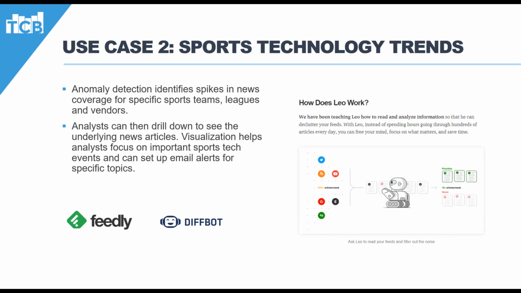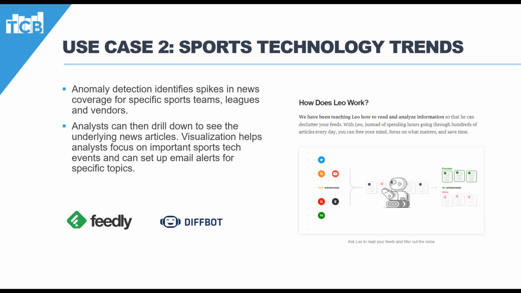And the way their business model works is they curate thousands of articles on specific sports teams and what they're doing, who they're partnering with, leagues, different vendors, and who they're sponsoring.